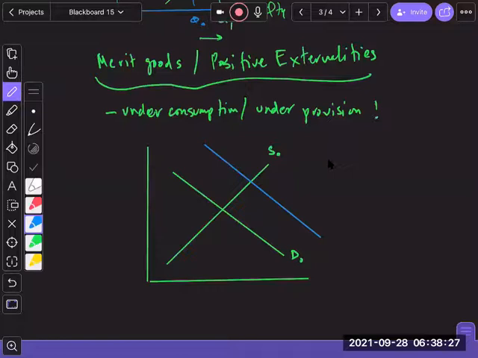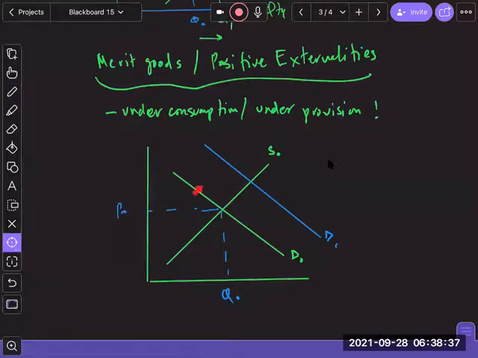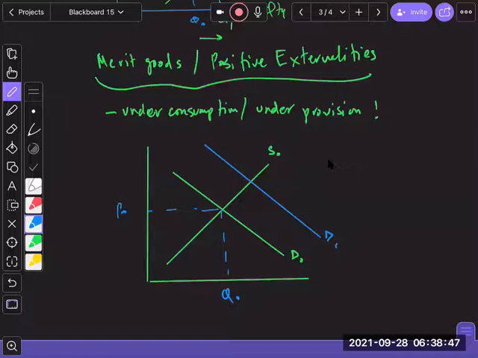Now, if the government doesn't give any subsidy, demand will stay at D naught, because this is the demand that should be consumed and this is the demand that is actual. So D naught is the actual demand, and D1 is what we call the socially desirable demand.